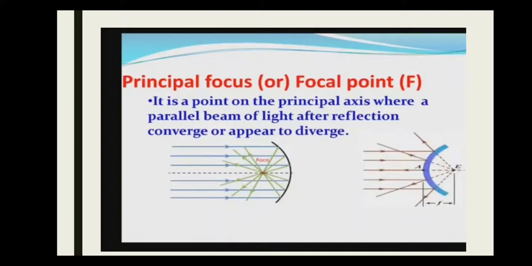Whereas in the convex mirror they are diverging. See here, all the rays are parallel to the principal axis. After reflection in the concave mirror, they meet at a point. That is called the focus, principal focus or focal point. Here what happened? Diverging.